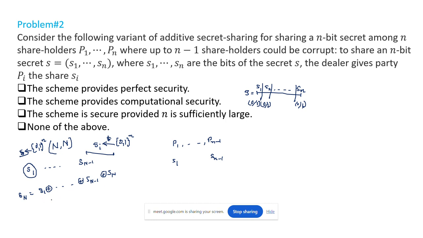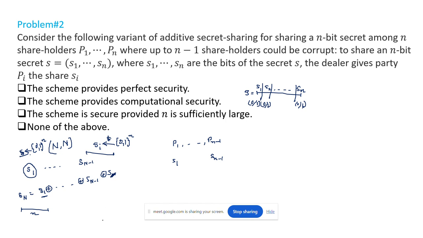Since they are binary values, you can apply the XOR operation: S1 XOR S2, and so on, XOR Sn-1 and XOR the actual secret S. This is how Sn is computed, and Sn also turns out to be an n-bit binary string. So S is an n-bit binary string, S1, S2 to Sn-1 are all n-bit binary strings, and you XOR them all to finally produce the nth share.